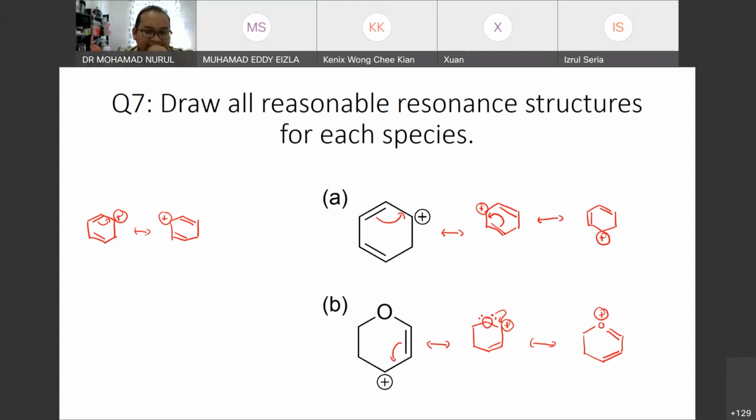And if you have 4 groups, they have 3 types of geometries: tetrahedral, bent shape, and trigonal pyramidal. So there's only 5 in organic chemistry. If you learn about inorganic chemistry, it could be more, bipyramidals, for example.